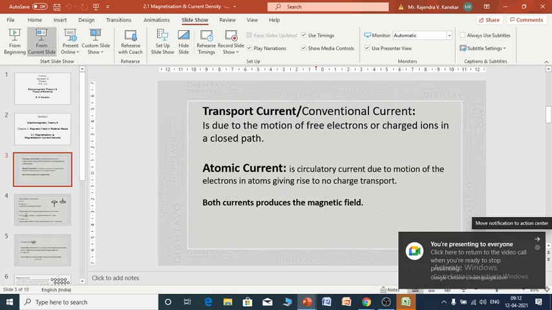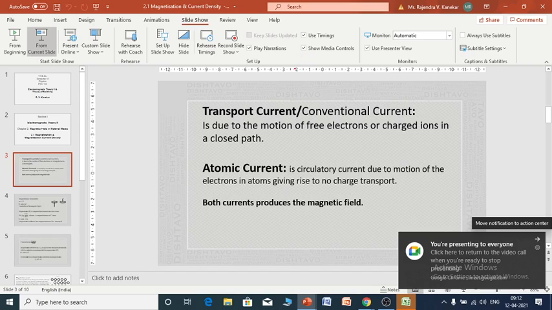See, a current carrying loop of wire is behaving like a magnetic dipole, because it produces the magnetic field. If you use the right hand thumb rule, this is the direction of the magnetic field which is produced. With fingers in the direction of current, the thumb will point in the direction of magnetic field.